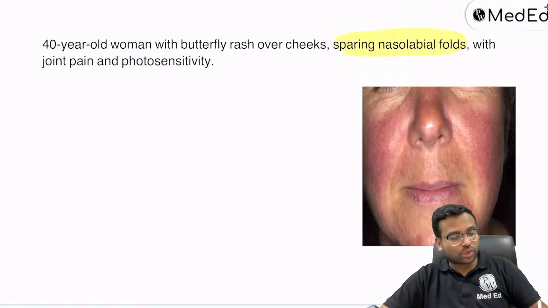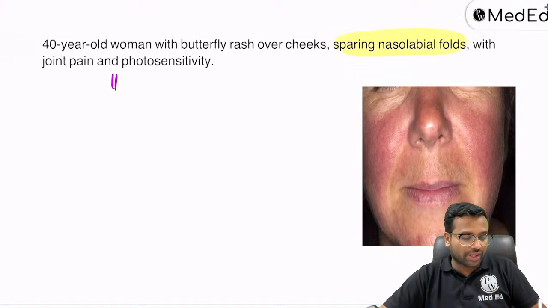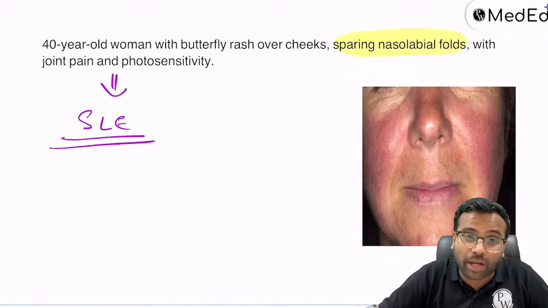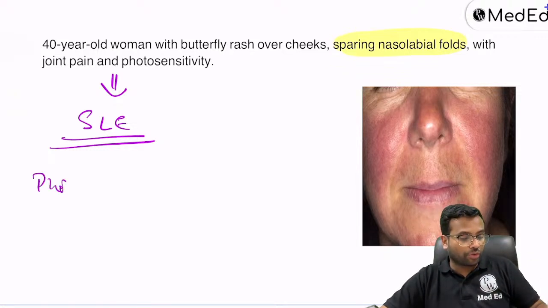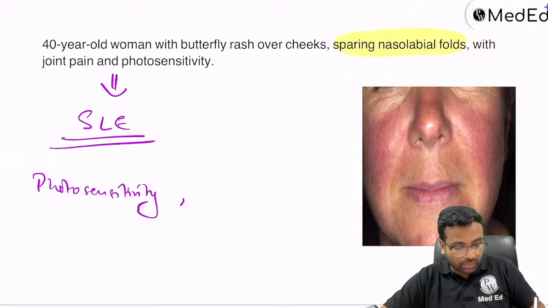So this one is a very straightforward thing, which is called systemic lupus erythematosus. Here you can see many other symptoms also. Photosensitivity is just one of the symptoms. You can find aphthous ulcers as another symptom.